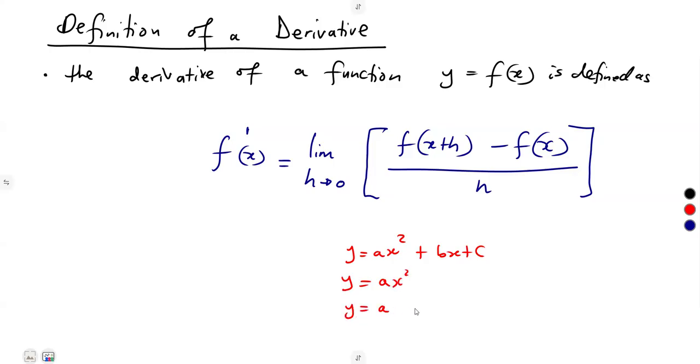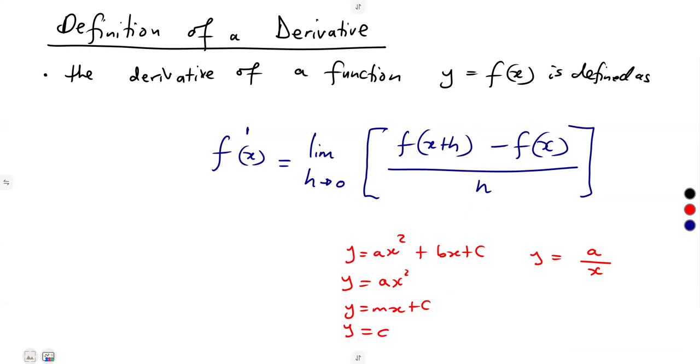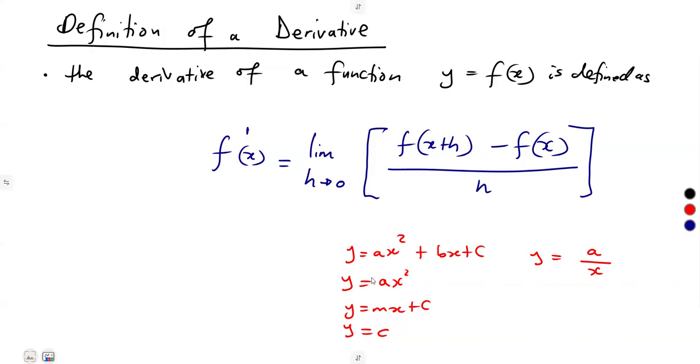It can be a linear function. It can be just y is equal to c, a constant, y is equal to 3, y is equal to 5. It can be y is equal to a over x, something like this. Revise each and every one of these as per your syllabus. As per your annual teaching plan, you must know each part.